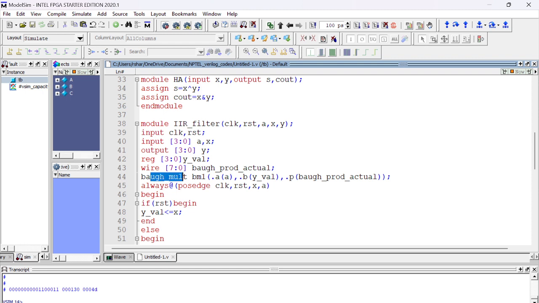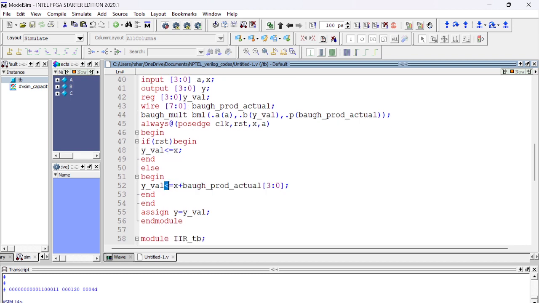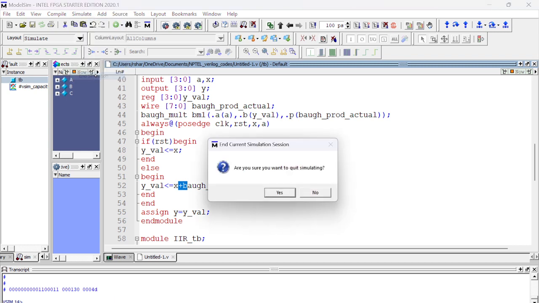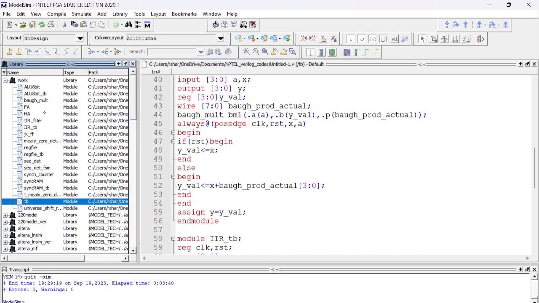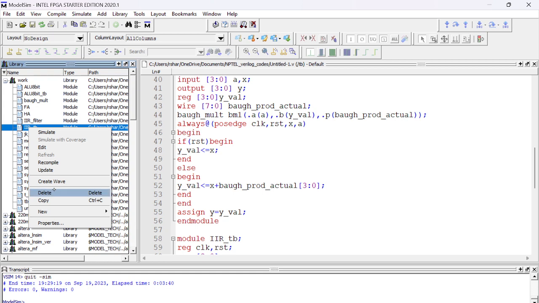I have instantiated the Baugh-Wooley multiplier once, and then here the D flip-flop plus the addition. If we simulate this, the simulation is written as IIR test bench.